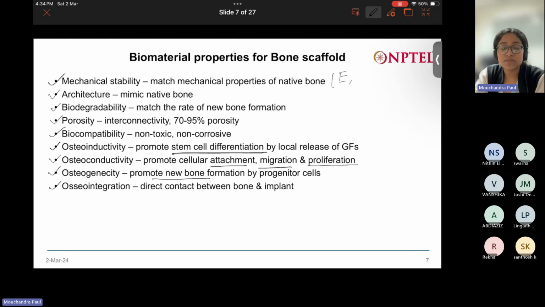The cells from the fracture site should start attaching to the implant. The implant itself shouldn't start leaching out ions that cause toxicity. If that interaction happens favorably, then the implant properly integrates. That phenomenon is called osseointegration.